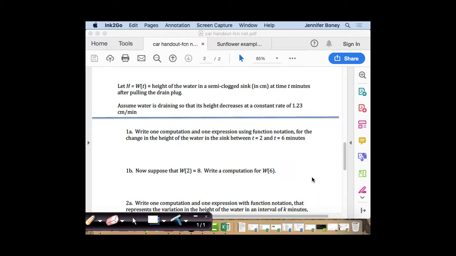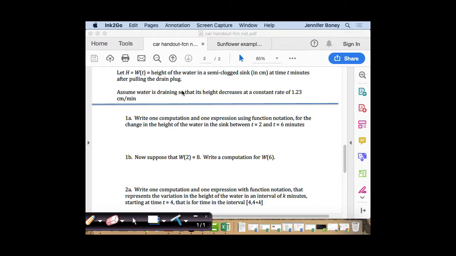Again, we're talking about water draining, so its height is decreasing at a constant rate of 1.23 centimeters per minute. What's 1.23 to this problem then in terms of common notation? Yeah, that's our rate, or the symbol that we had for that down below was m. All right, so I could talk about dy equals m dx.